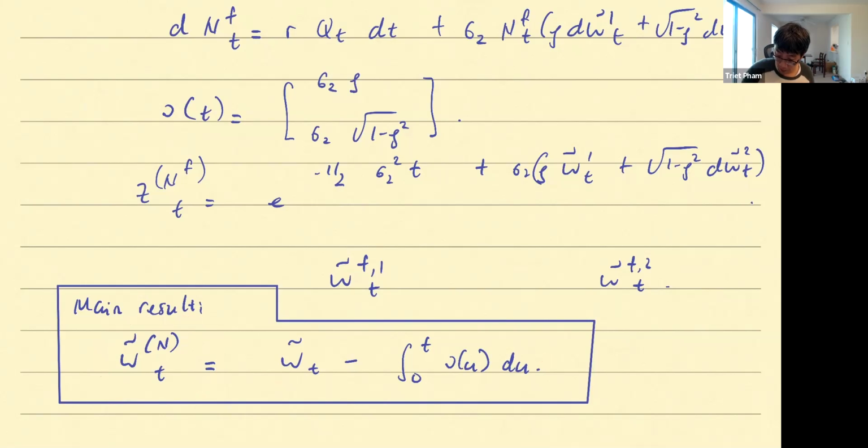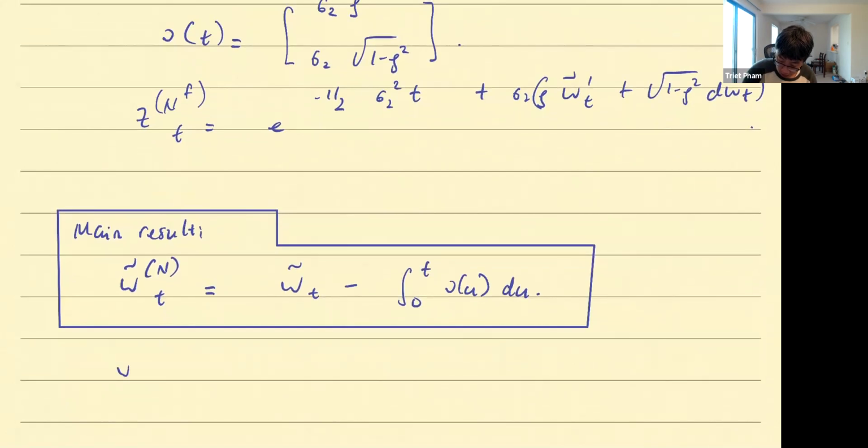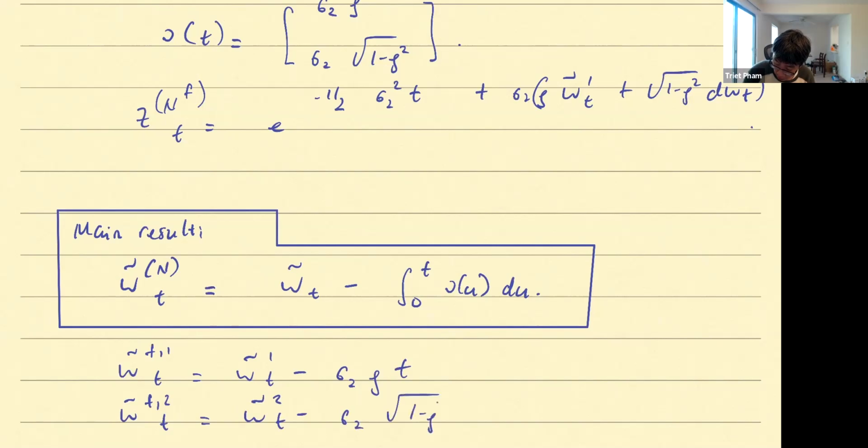So in other words, if this is my concrete model in terms of foreign exchange, then W tilde F1 will be W tilde 1 minus sigma 2 times rho times t. W tilde F2 will be W tilde 2 minus sigma 2 square root of 1 minus rho squared times t.